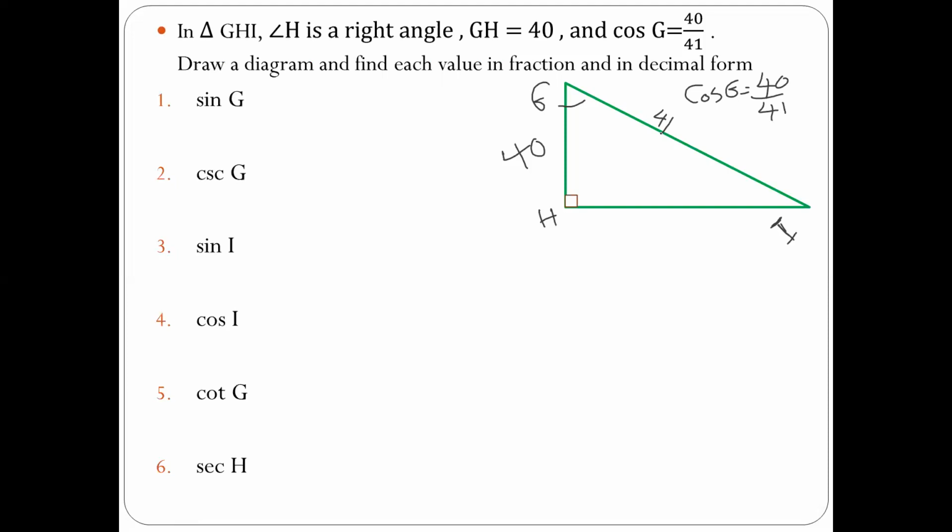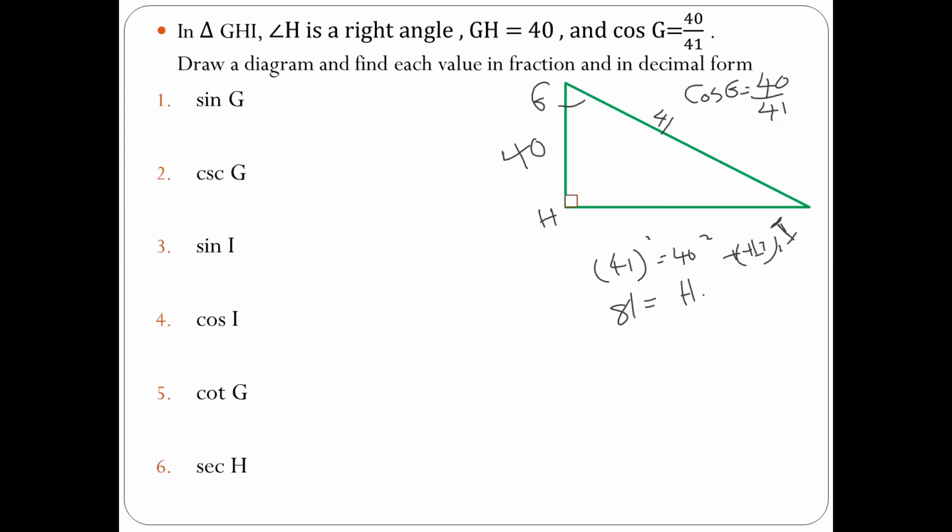Can I find HI? Yes, by using the Pythagorean theorem, which says that 41 squared is 40 squared plus HI squared. So 41 squared minus 40 squared is 81.